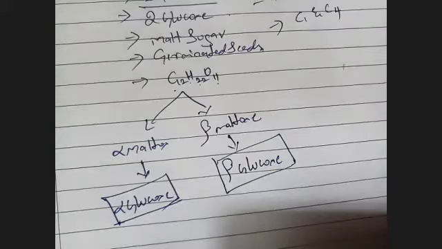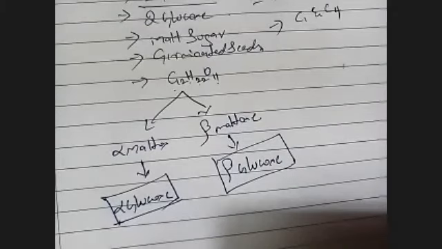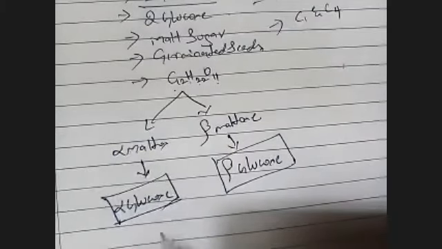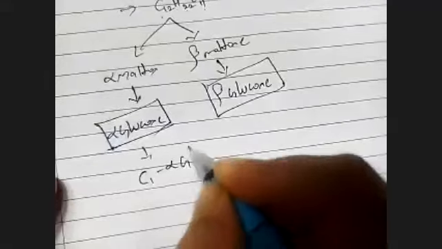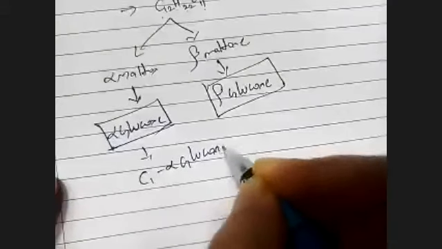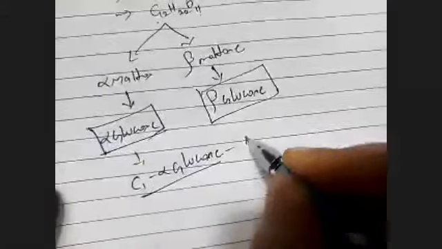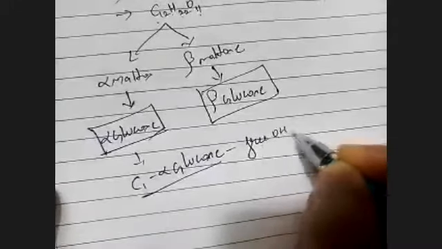Then, because of the presence of the OH group in the first carbon of alpha glucose, you have a free OH group.